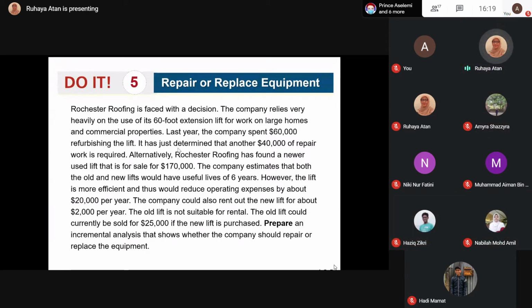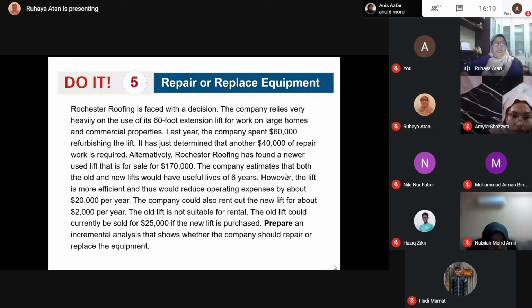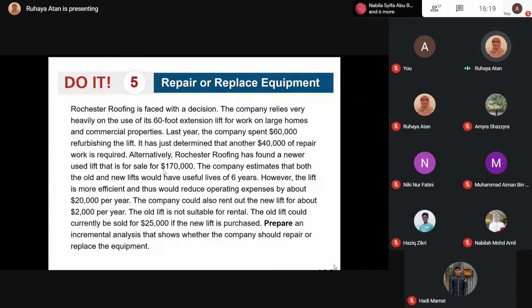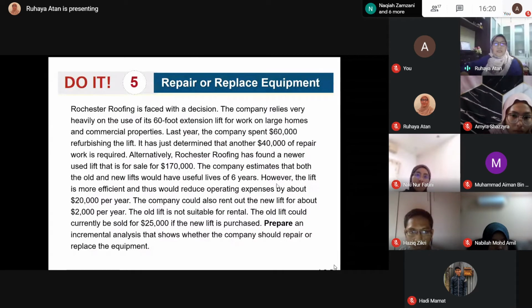So now they are deciding whether they need to further repair the lift or not. Alternatively, Rochester Roofing has found a newer used lift. So this one is not a totally brand new lift. They found a second-hand lift that is for sale for 170,000. And the company estimates that both the old and new lifts would have useful lives of 6 years.